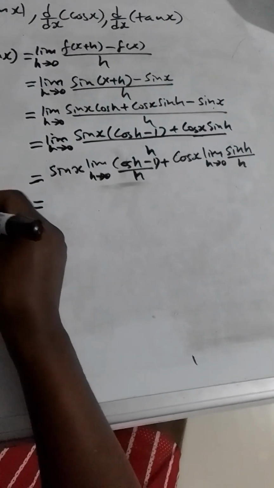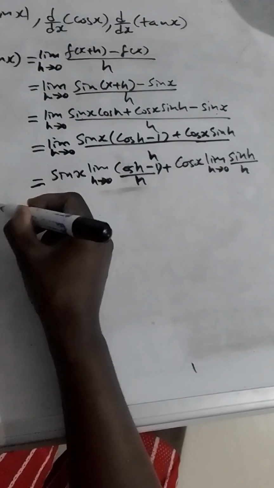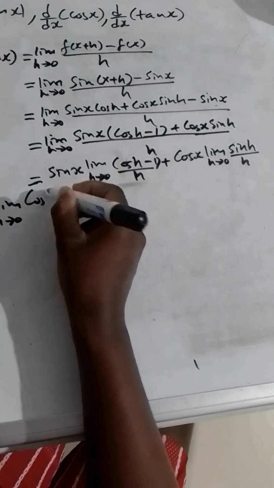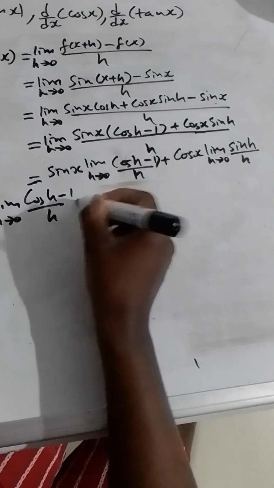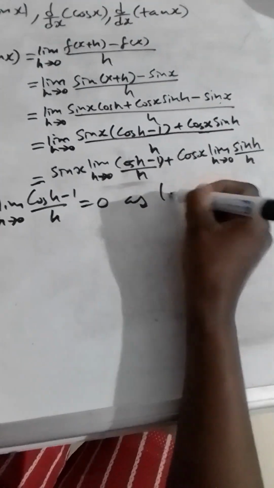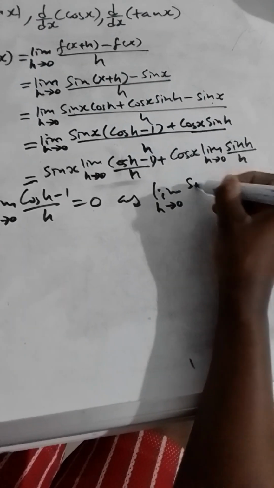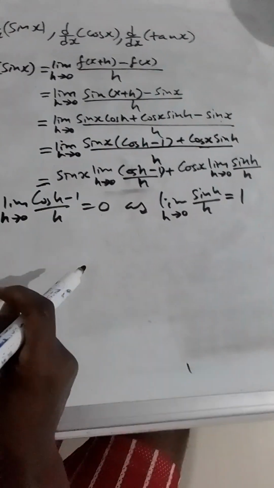So we can say the limit as h approaches 0 of cos h minus 1 over h equals 0, and the limit of sine h over h as h approaches 0 is equal to 1.